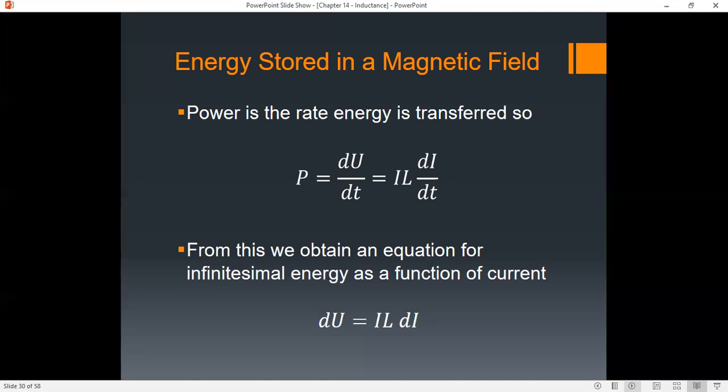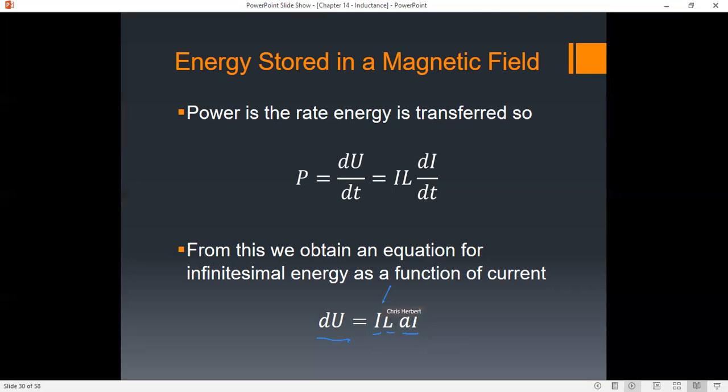So if we integrate both sides of this equation with respect to t, we are going to get that the energy in the inductor, we haven't integrated yet, I lied, is going to be equal to the current times the inductance times the amount by which the current has increased.